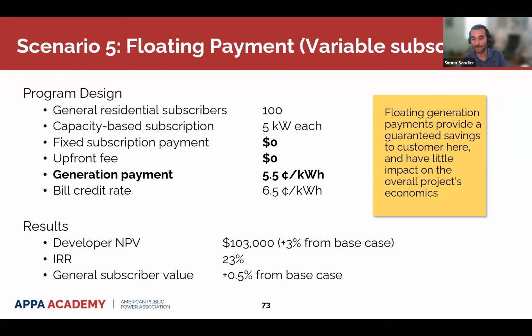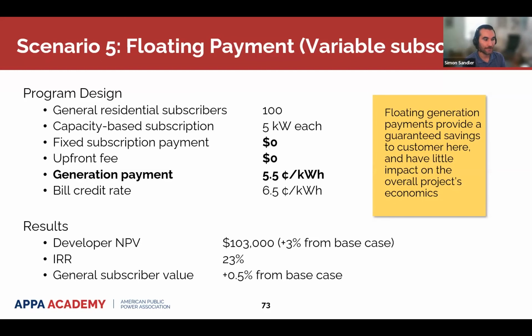It's slightly better than the base case. And so I think it's just nice to see that you can do a variable subscription, it can work. It doesn't mean the project suddenly is going to not pencil or something like that. It's just a little more complex probably from the subscriber's perspective, but it does provide you a guaranteed good investment that won't change from month to month. The savings will be a net set number.